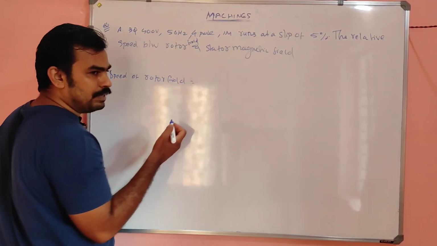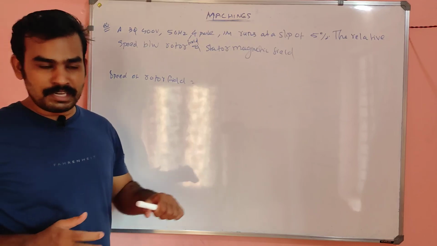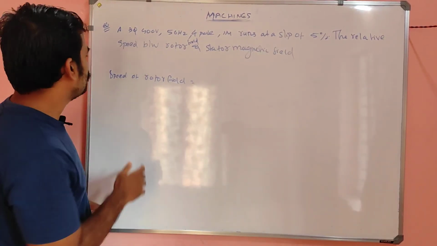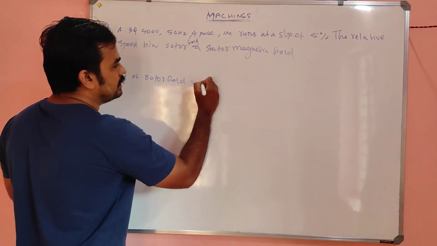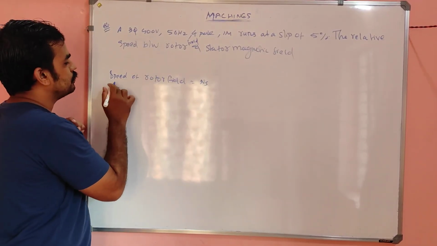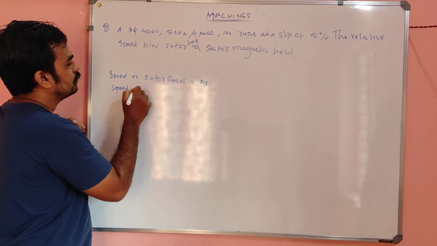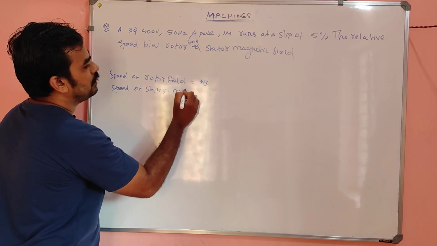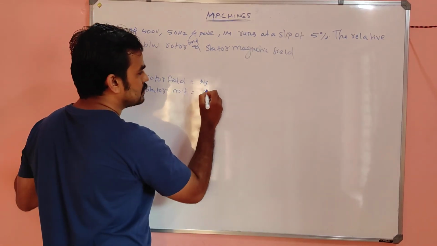The speed of the rotor field is nothing but the synchronous speed, because the synchronous lines of force are cutting the rotor continuously. So the speed of the rotor field is simply Ns. And the speed of the stator magnetic field is again Ns.